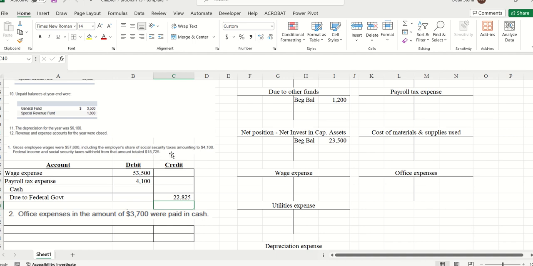The 18,725 and the 4,100. That's how much is due to the federal government. Federal withholding, Social Security, Medicare, all those, okay? And then we can back into the cash. So it's going to be 34,775.